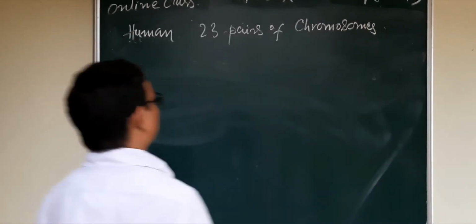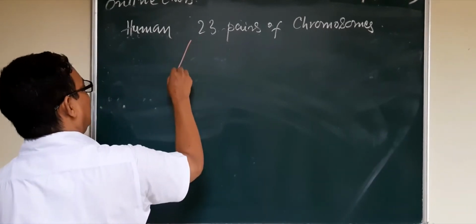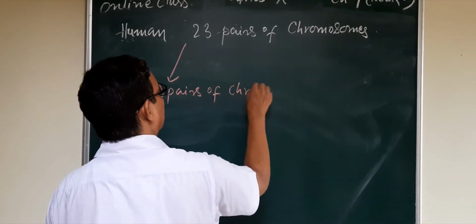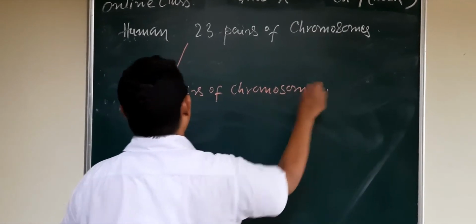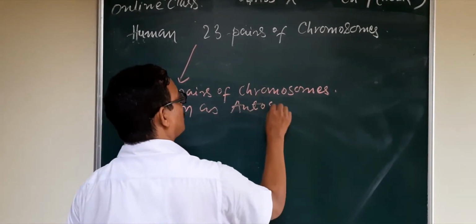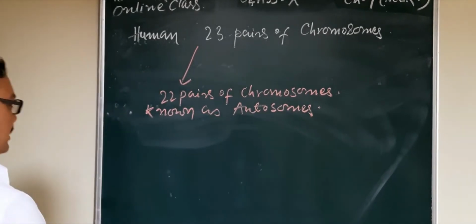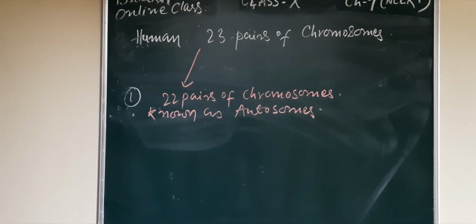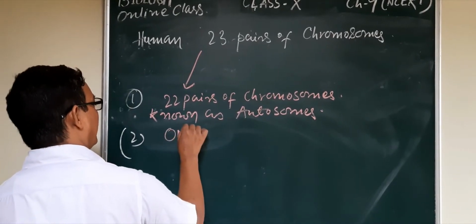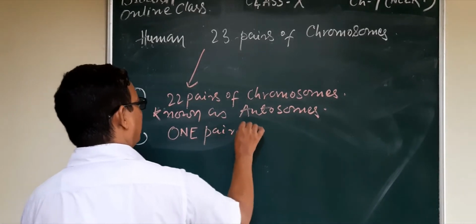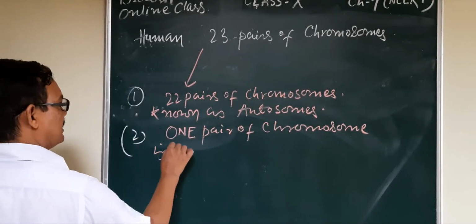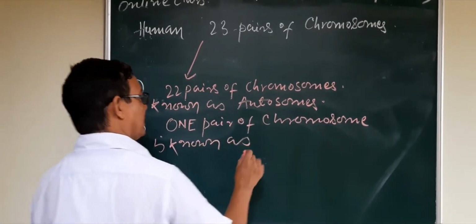Out of these 23 pairs, 22 pairs of chromosomes are known as autosomes, and the second, one pair of chromosomes, is known as sex chromosomes.